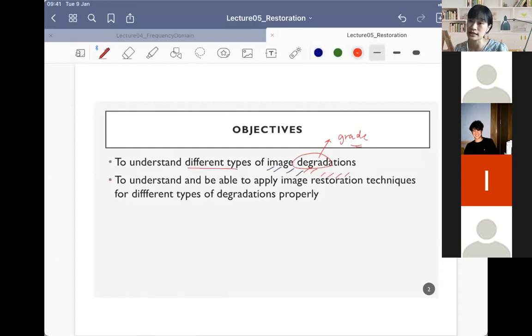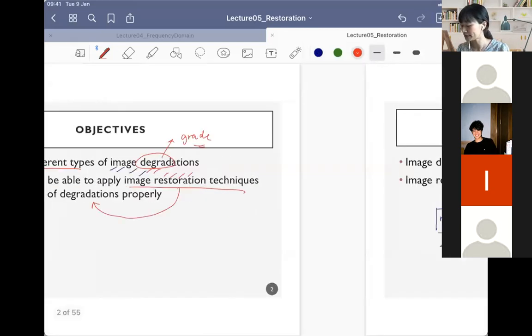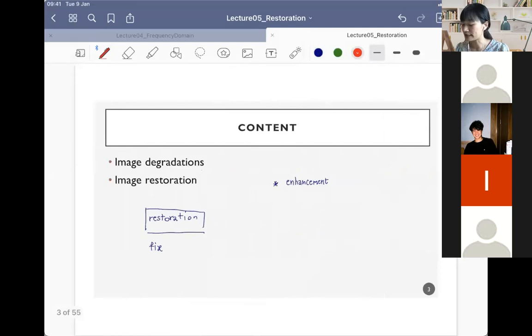We'll see what the reasons could be, and how to implement them in image processing. Then there are some very basic techniques that you can apply for different degradation. So the content is only about degradation and restoration.